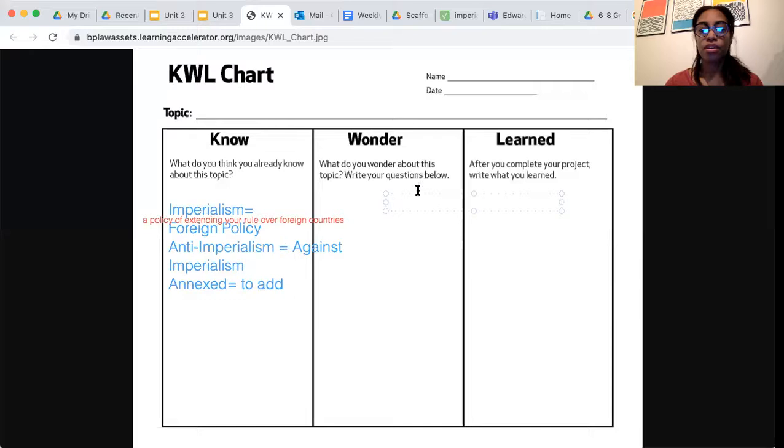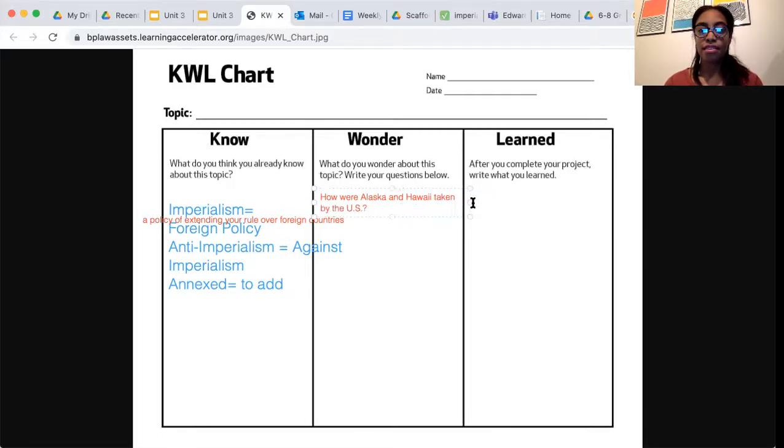What do you wonder? Maybe how were Alaska and Hawaii added, right? Or how were they taken? How were Alaska and Hawaii taken by the United States? How did that happen, right?